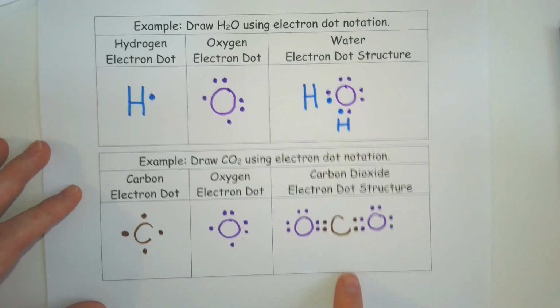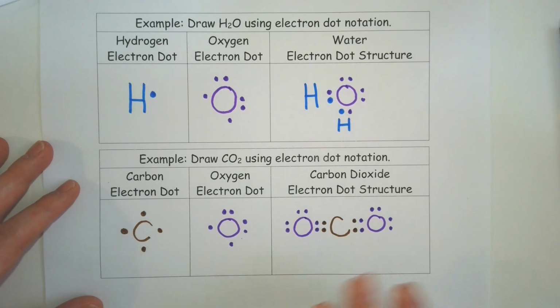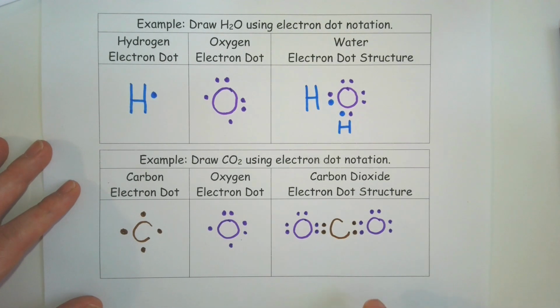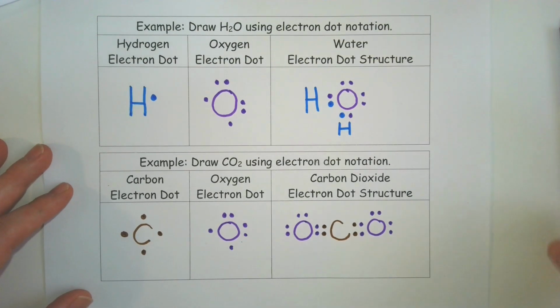And so what we have here is the electron dot structure of carbon dioxide. As you start getting to the double bonds and triple bonds, it gets messy and a little bit more complicated. And so the way we're going to simplify that is we're going to start doing something called Lewis structures. All right, and I will have that for you in the next video.